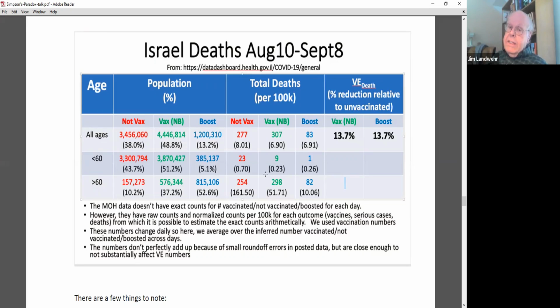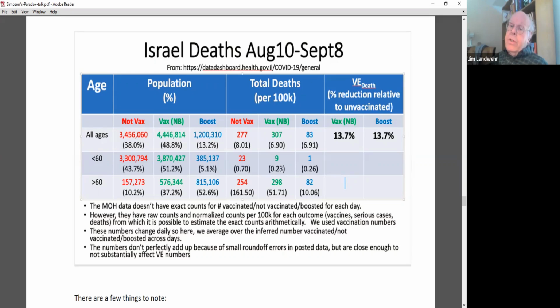We also see, just from looking at these numbers, that the death rates for the vaccinated not boosted group, 51 and 10 for the over 60, are quite a bit less than the death rates for the non-vaccinated group. You see 51 and 10 are quite a bit less than 161. For the lower than 60, it's also the case.